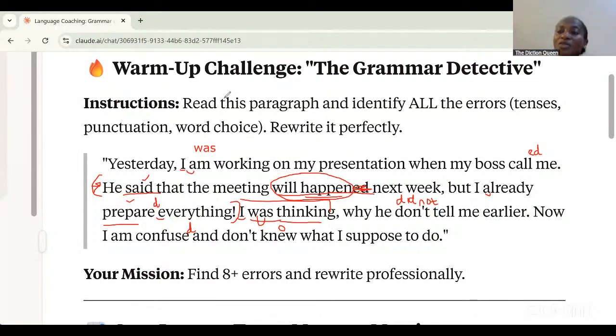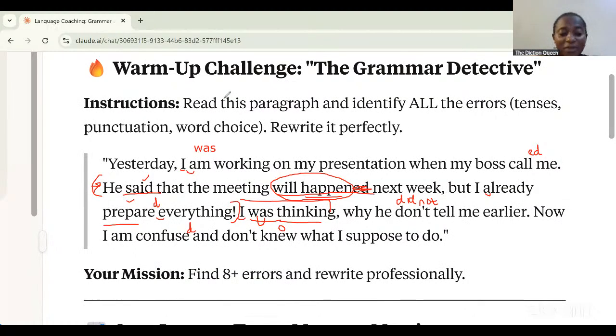Or the thought just came when my boss told me that this meeting would not hold again until next week. And that was it. I was just like, why didn't you tell me? Or when my boss told me, I started thinking, why didn't my boss tell me? And I was still thinking until when I was writing this.